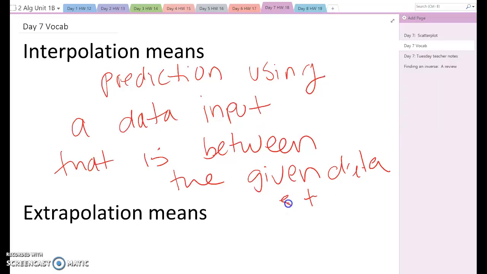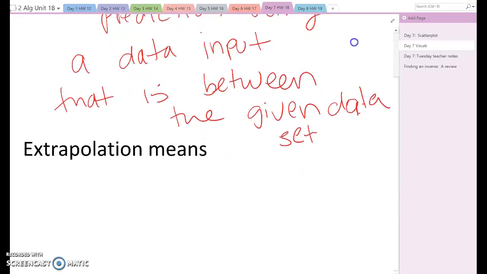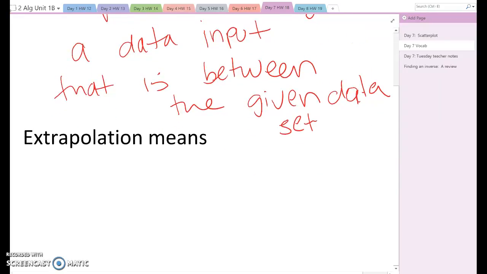Okay, so you might say something slightly different when you write your vocab definition here, and that's just fine.